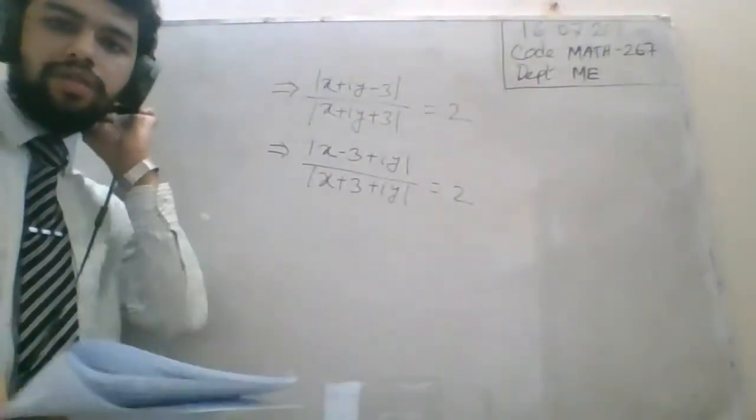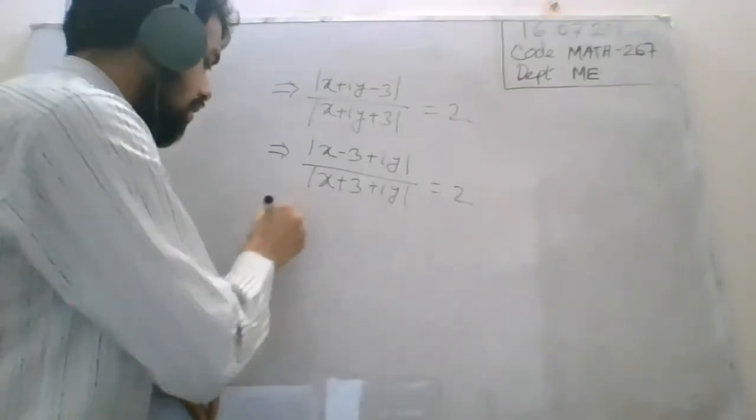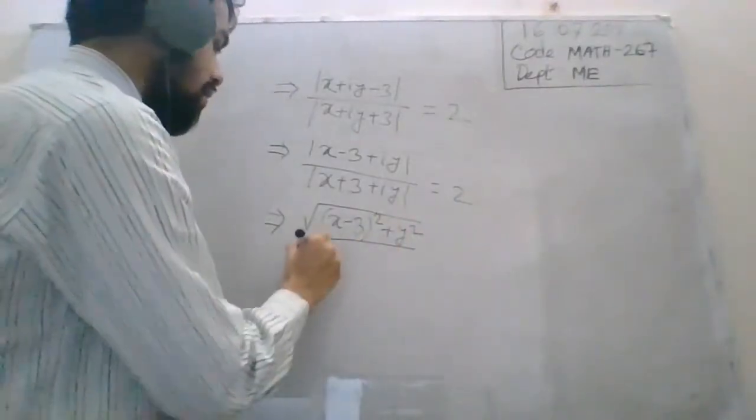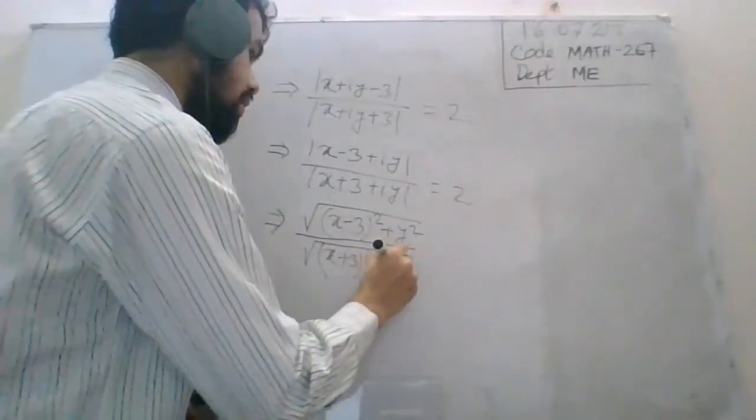It will be the root of (x minus 3) square plus y square over the root of (x plus 3) square plus y square.